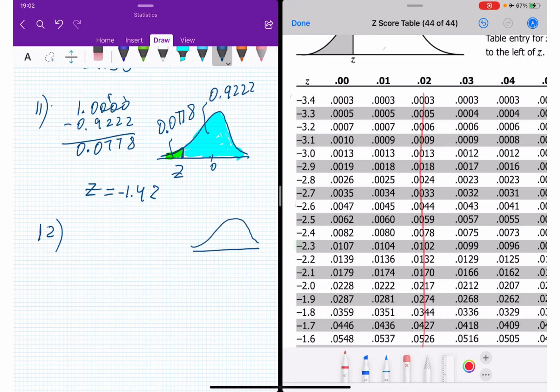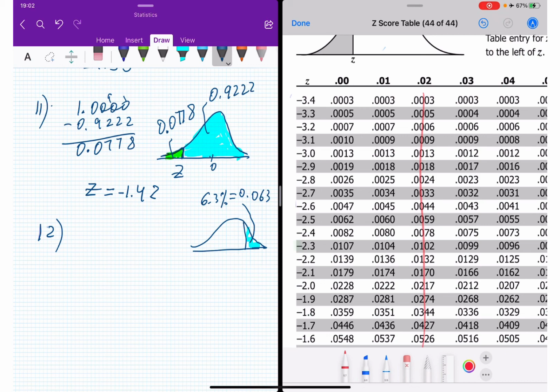Z-score that has 6.3% to the right, which is, let's say, 6.3%. So 6.3%, that is equal to 0.063.